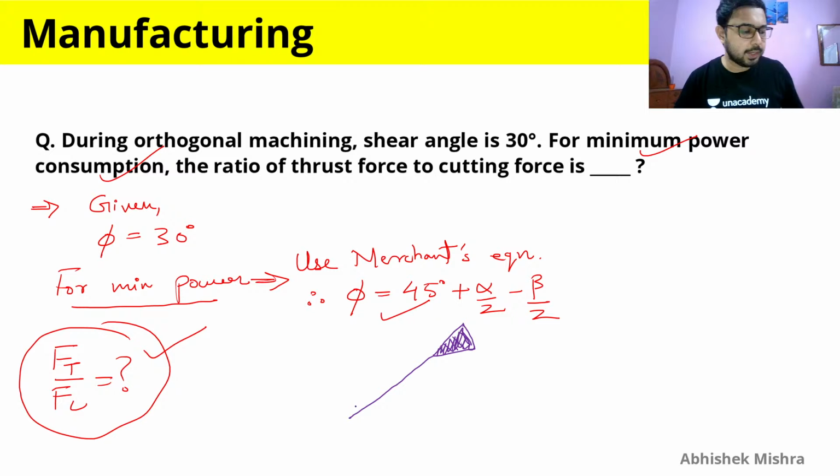So what we are doing here is we are using the merchant circle, because in the question we have to calculate the ratio of thrust force to cutting force. There are multiple ways in which we can do this question, but we are doing it in this manner because this is the easiest manner.